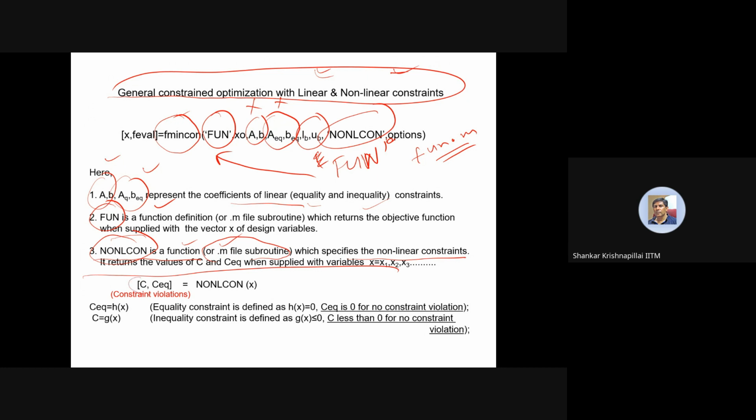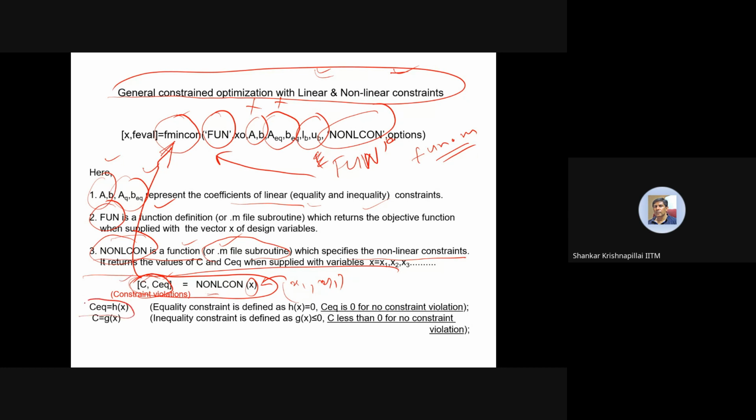So this is the format of that file. That first line should say like this: C, C equality is equal to nonlcon of x. So the values of x, that is x1, y1, etc., are substituted here by the main program, and this C and C equality will be returned back to the main program. So what is there in C and C equality?